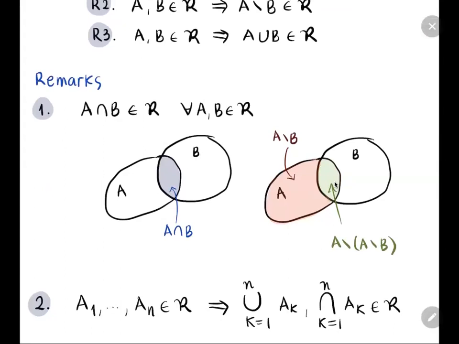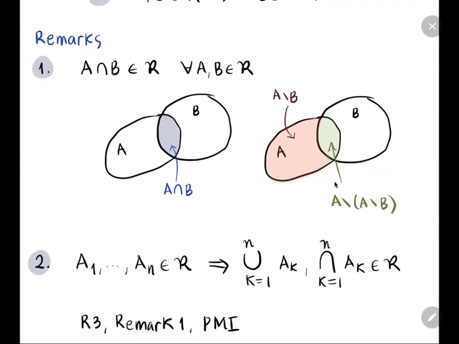And in fact, if you have a finite list of elements in the ring, then the union as well as the intersection of these sets is also in the ring R. Well, for the case of union, you just need to apply R3 and the principle of mathematical induction.